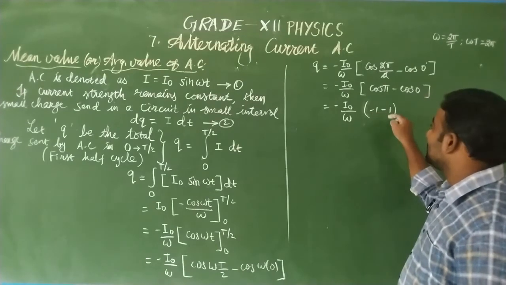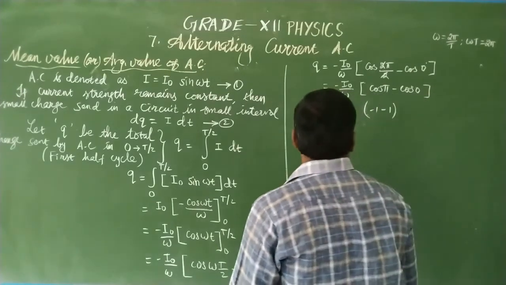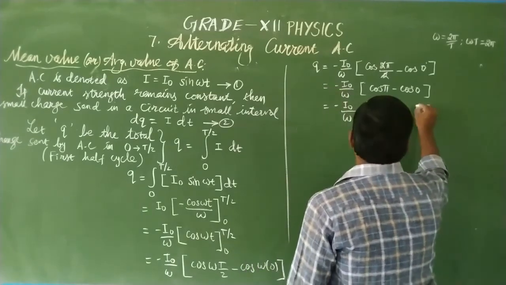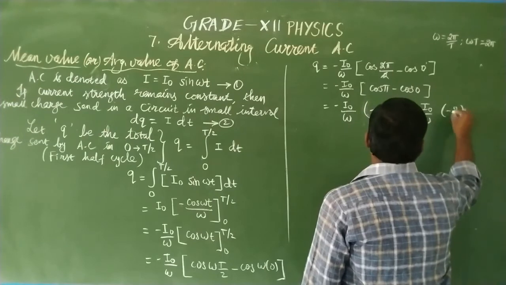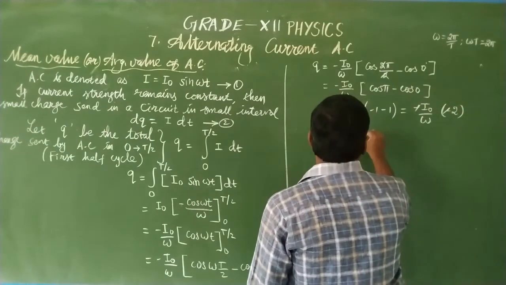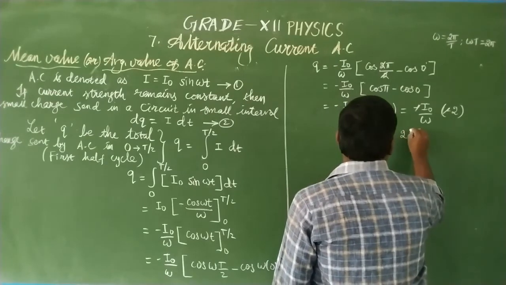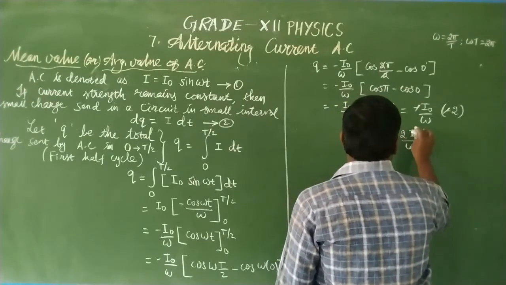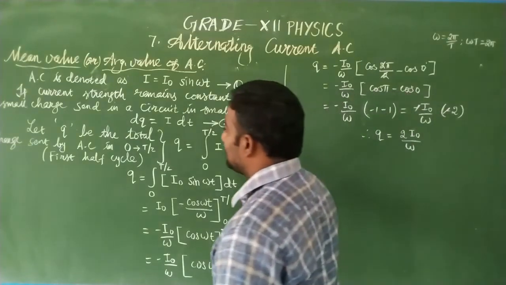So minus 1 minus 1 is equal to minus 2. So we have minus I naught by omega into minus 2. The two minuses cancel. Therefore, the charge Q is equal to 2 into I naught by omega. This is equation number 3.